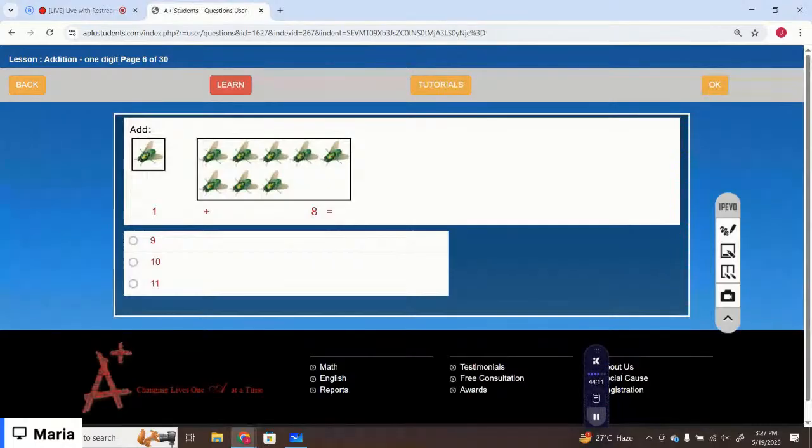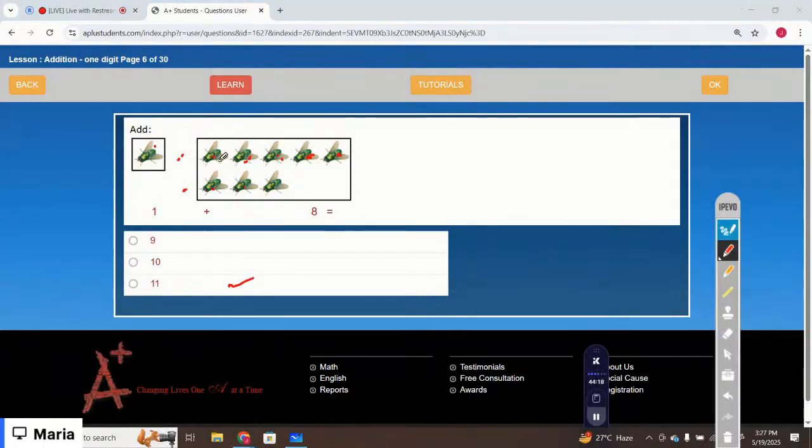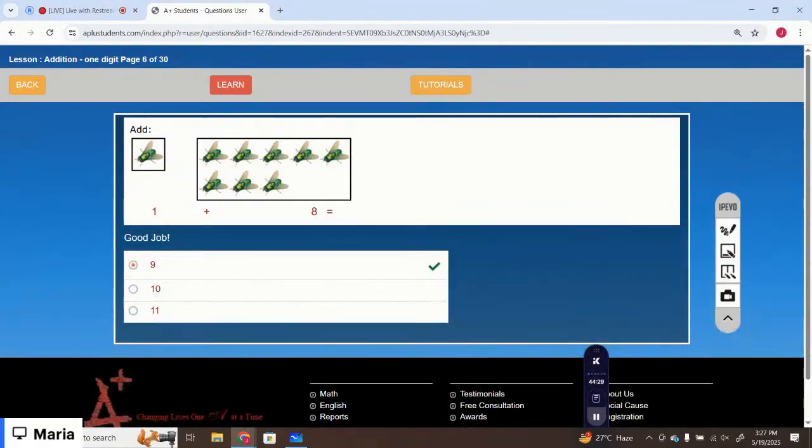Add 1 plus 8. So start, that is 1, 2, 3, 4, 5, 6, 7, 8, 9. So 1 plus 8 equals 9. Option number 1 is the correct option.